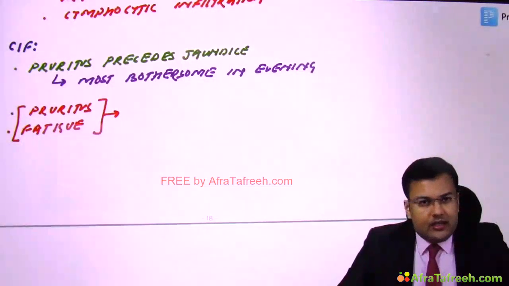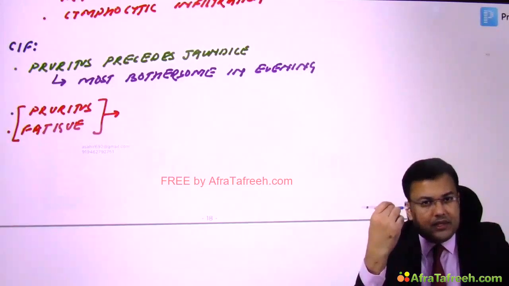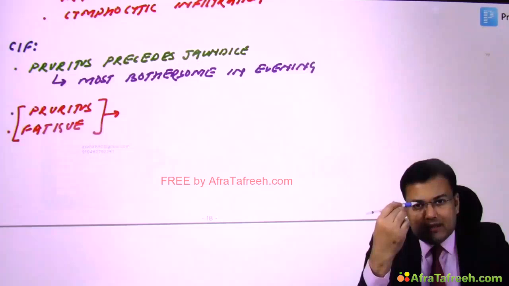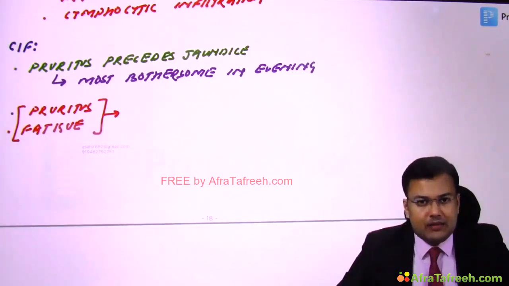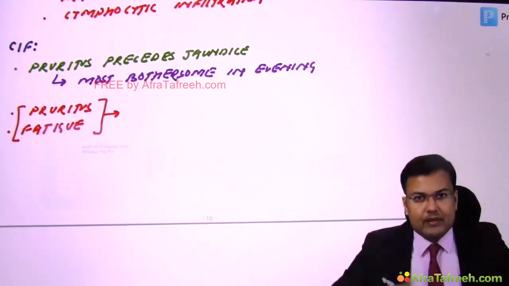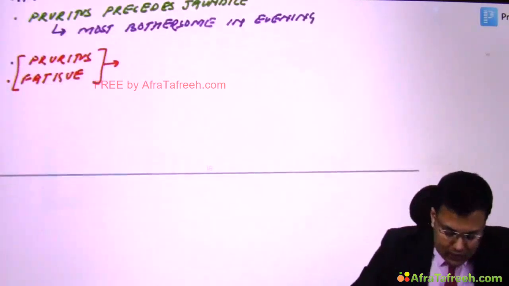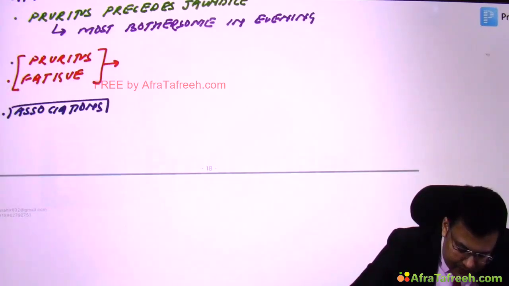Now see, this condition is associated with hyperlipidemia, and because of hyperlipidemia patient is having xanthomas and xanthelasmas, right? You have seen xanthelasmas in patients of hypothyroidism who are going to have hyperlipidemia, and the patients are also having melanosis. Melanosis means hyperpigmentation of skin. So what are the associations of primary biliary cirrhosis?